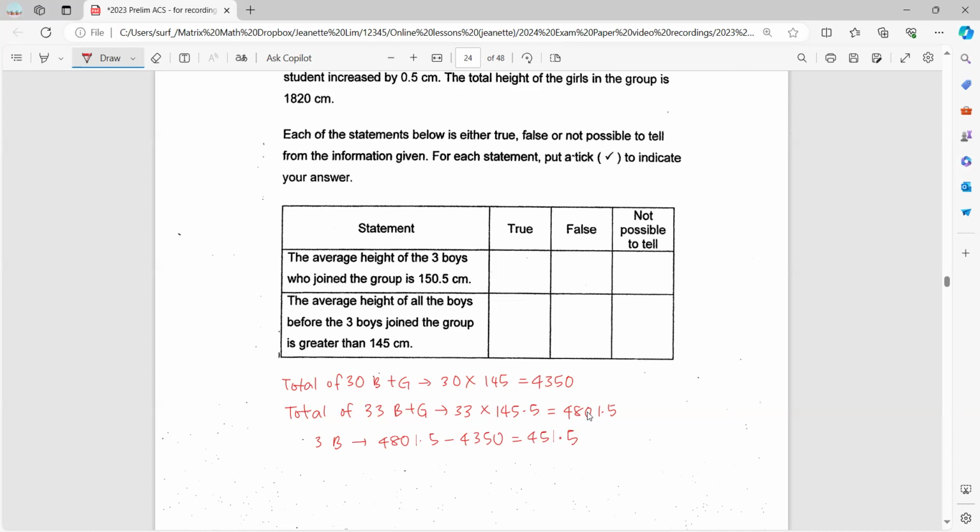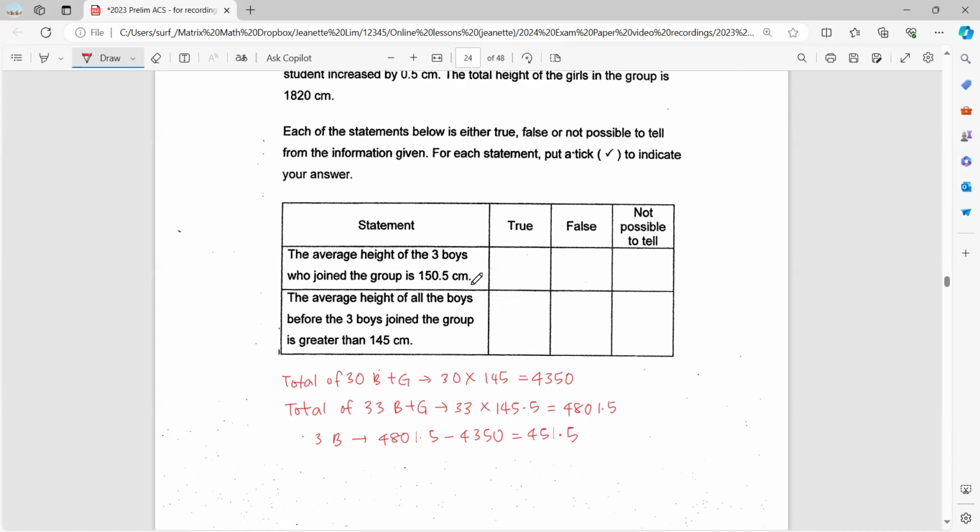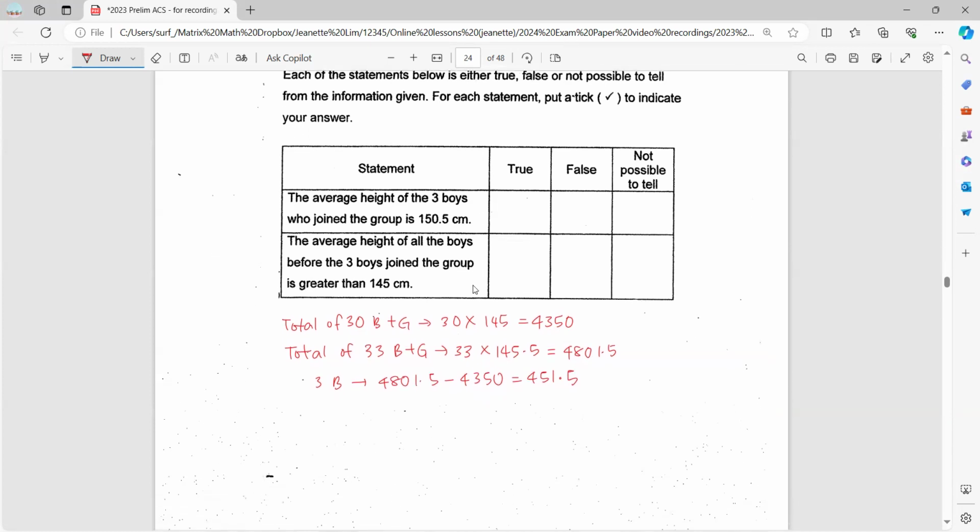Then you can either take this, divide by 3, or you take 150.5 and times 3. So the average of 1 boy will be 451.5 divided by 3, and you will get 150.5. So yes, this is true.